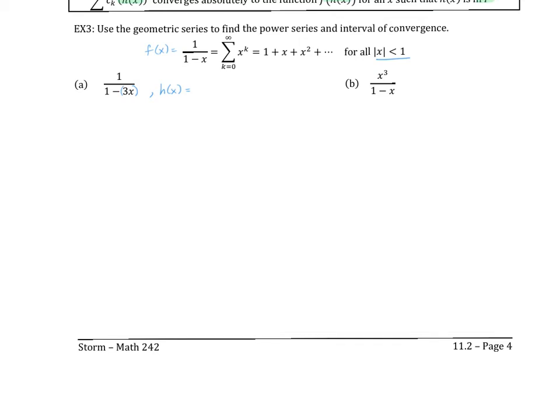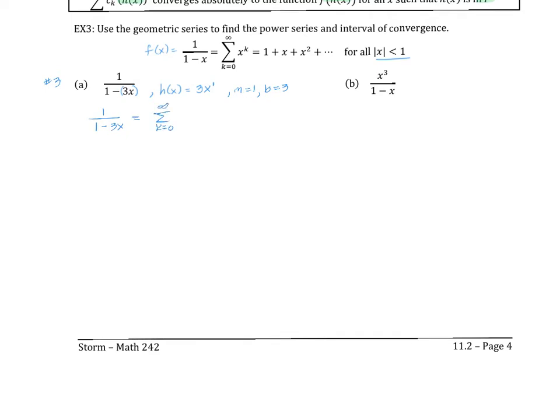So this is going to be 3 times x to the exponent 1. Comparing that to property number 3, I can see that my m is 1 and my b is this non-zero real number 3. So by property 3, 1 over 1 minus 3x is going to be equal to the series that's listed above.